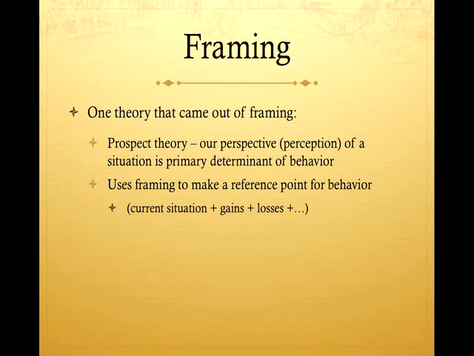It's the same types of decision making in the background, but their argument is that the perception of the situation is the determinant of the behavior and not just some fancy math. So given the perception, the frame of the question, we're going to change our expected weights.